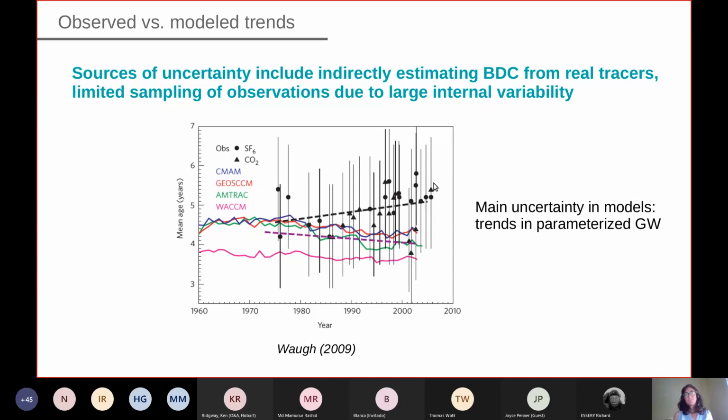And so these two sources of uncertainty lead to these large error bars that you're seeing here in the observations in black. But overall the trend does not agree with the models, which are shown here in the colors. And on the modeling side, the main uncertainty probably is coming from the fact that the gravity waves are parameterized, and we're not sure about what they will be doing in the future.